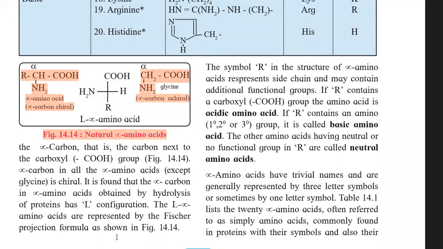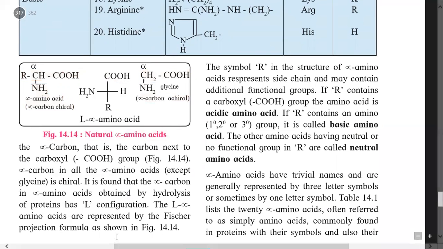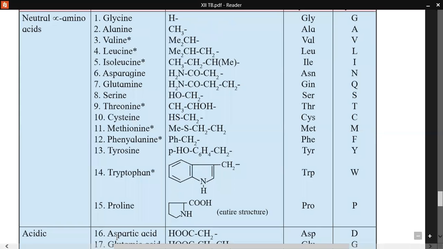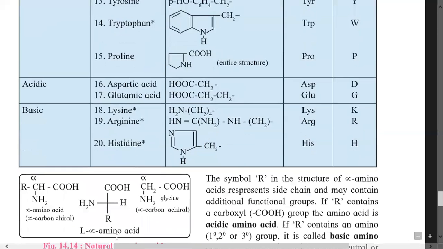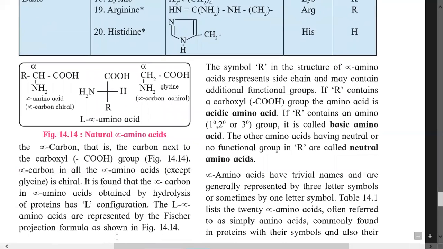Here the Fischer projection formula can be drawn: NH2, CH, COOH and R. Here it is L-alpha amino acid, and in glycine only, this central carbon is not asymmetric, that is, achiral. That is the only example. It is glycine in which this central carbon is not chiral, it is achiral because 2 groups are the same on the central carbon, that is hydrogen.